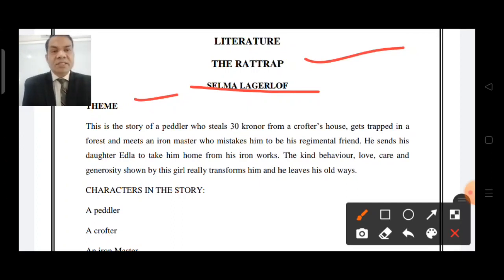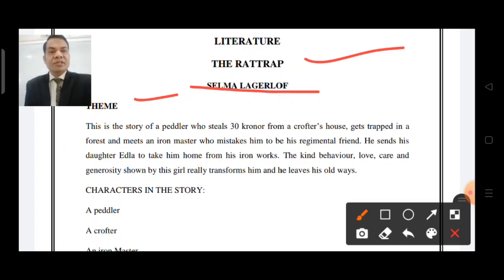He sends his daughter Edla to take him home from his iron works. The kind behavior, love, care, and generosity shown by this girl really transforms him and he leaves his old ways.